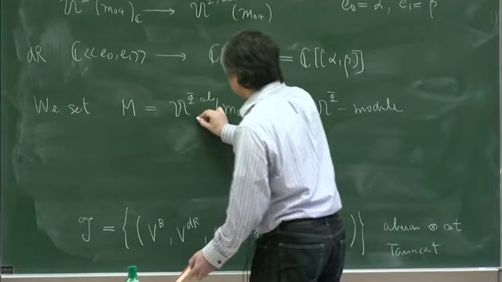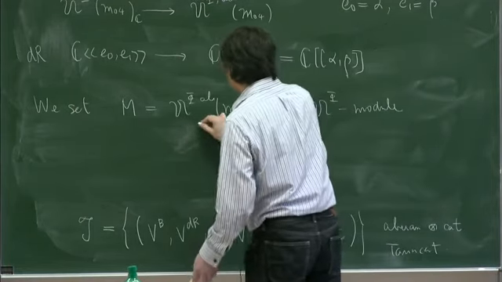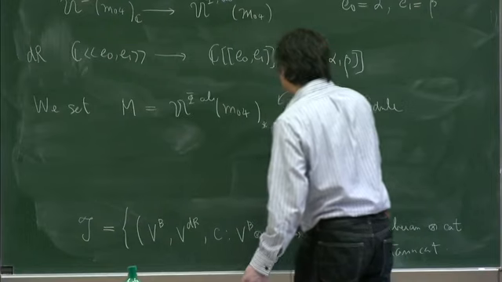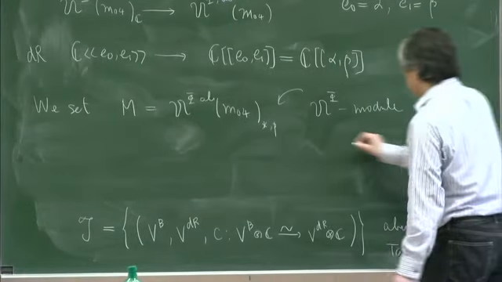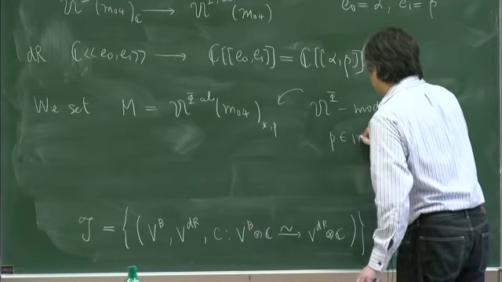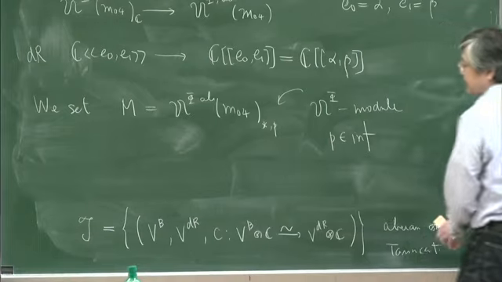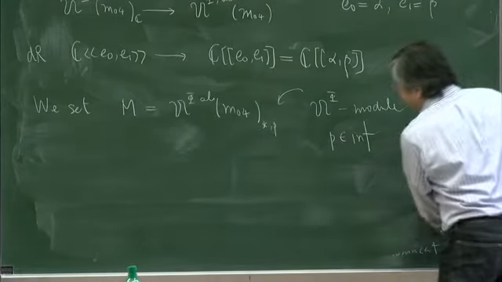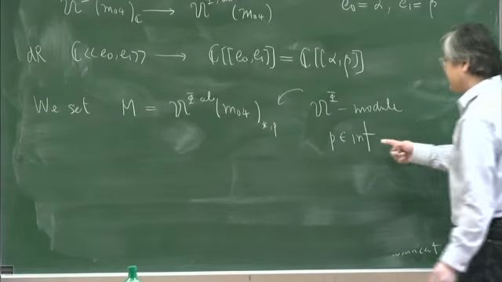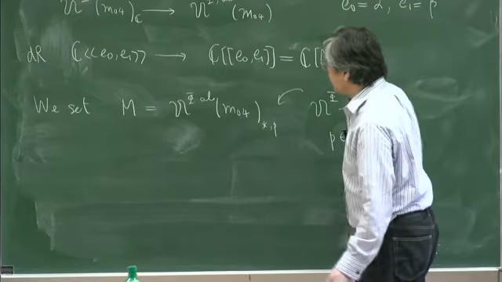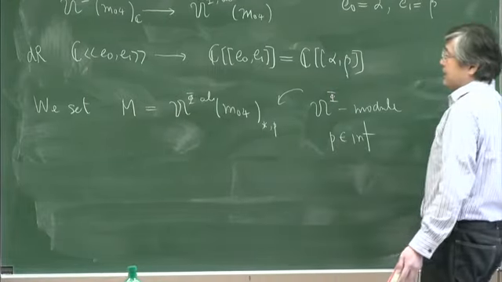Strictly speaking, we must choose a certain point P, where P is an infinitesimal point, because the module is indexed by one index. So if we fix one reference point, then this becomes a U phi module.